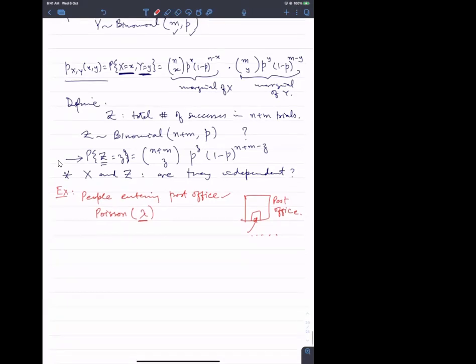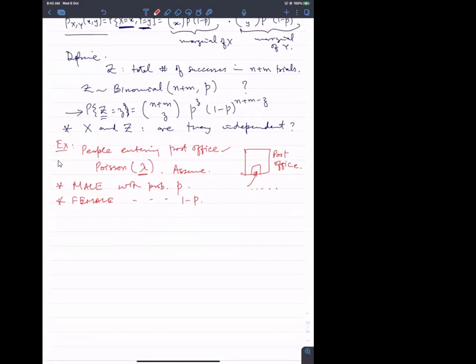Okay. So now let's also assume that each person is male with probability P, and female with probability 1 minus P. The question is, and this might be counterintuitive, I'm warning you ahead of time.